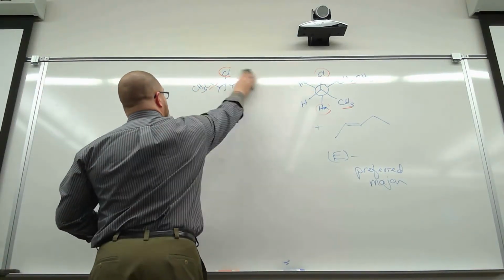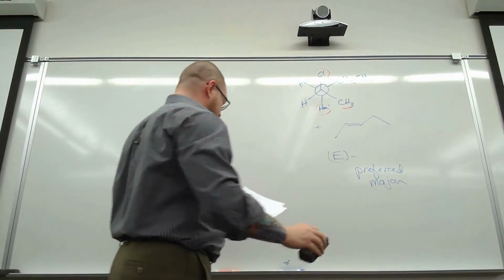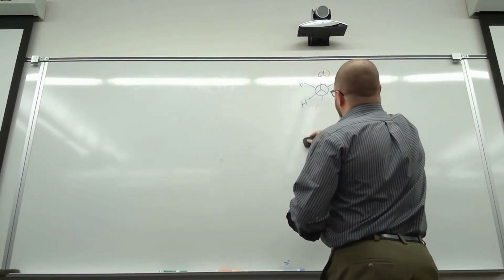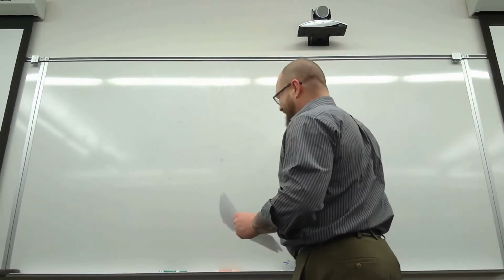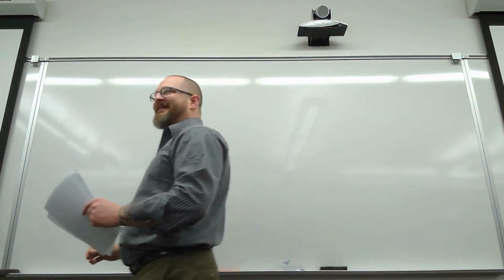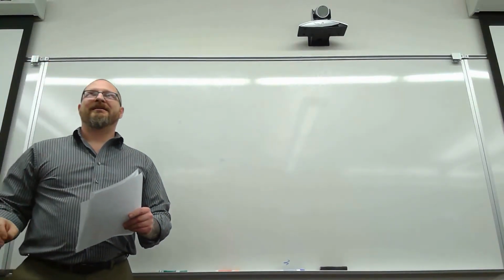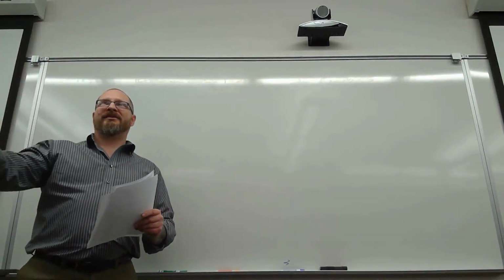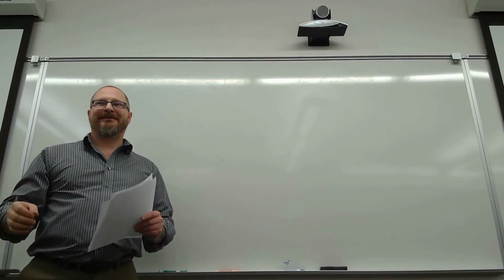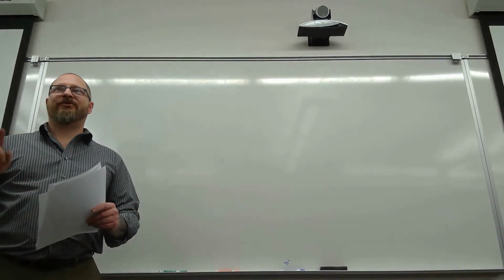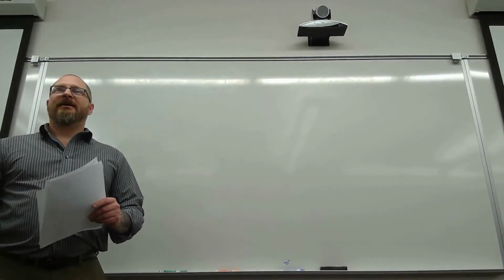So this would only have one proton, one proton that can be directly aligned but staggered from the leaving group. That is available. So we're going to start with an example with just one proton.